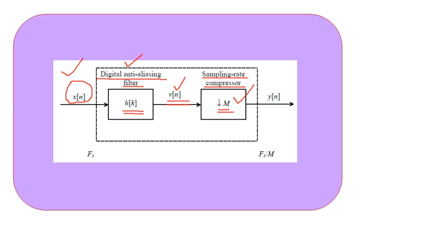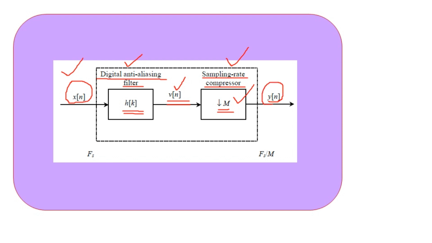For interpolation we have expansion of the length of the discrete time sequence, whereas in decimation, the downsampling process, we have compression of the length of the discrete time sequence. The digital anti-aliasing filter along with the sampling rate compressor, as shown by the two blocks inside the outline, gives the output signal denoted as y of n.